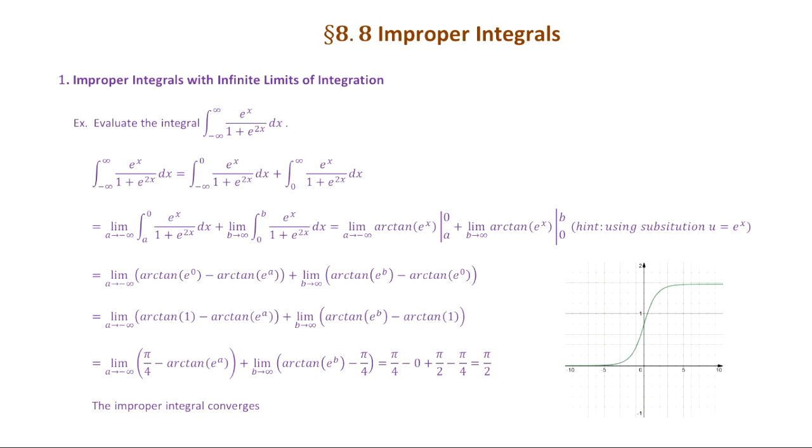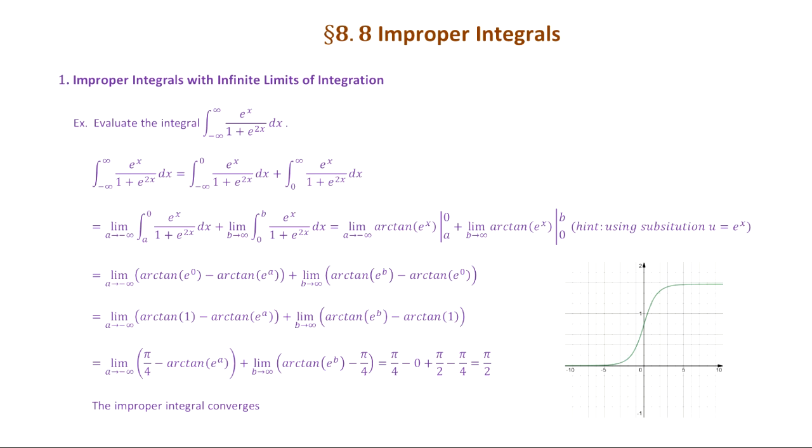Okay, so e to the 0 is just 1. So you get arctangent 1 minus arctangent e to the a in the first term, and take the limit a approaching negative infinity, and similarly in the second term, e to the 0 is 1. So you get arctangent e to the b minus arctangent 1, and you take the limit with b approaching infinity. All right, arctangent 1 is just pi over 4.